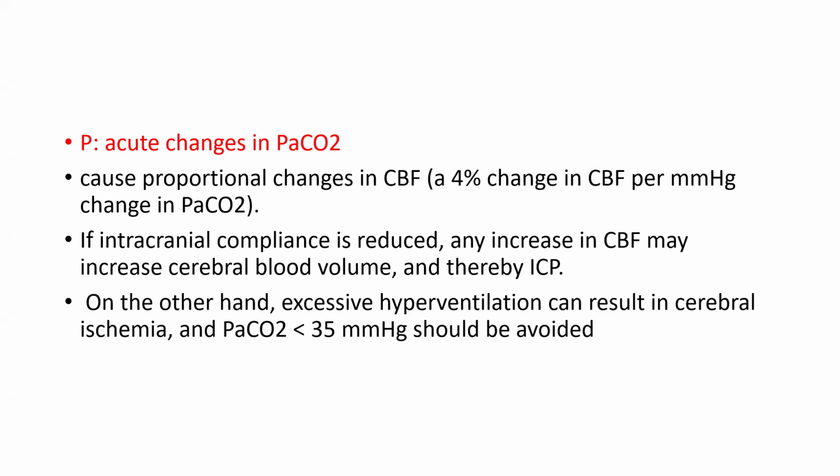On the other hand, if we reduce PaCO2 excessively with excessive hyperventilation, then it can cause vasoconstriction and result in cerebral ischemia. So a PaCO2 level of less than 35 mmHg should be avoided.